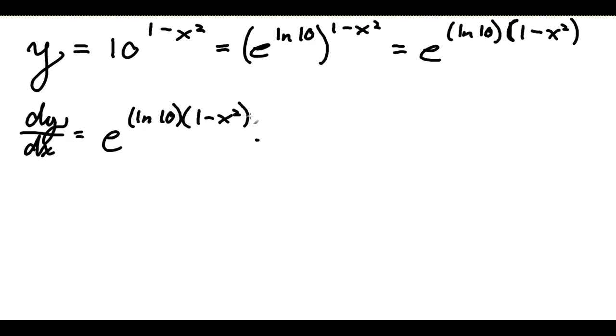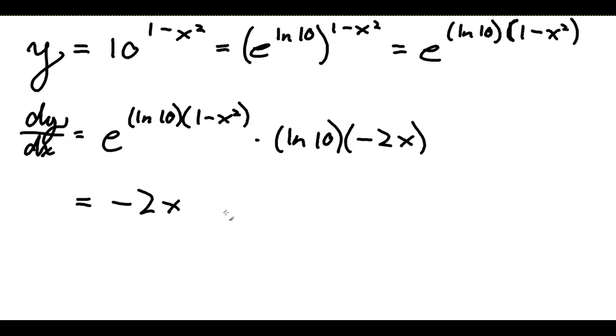Well, the first part is the constant natural log of 10, so that passes through just fine. And then we have to multiply by the derivative of the 1 minus x squared. The derivative of 1 is 0, so then we have minus 2x. So let's bring that negative 2x up to the front. We'll leave the log 10 at the end for reasons of clarity.